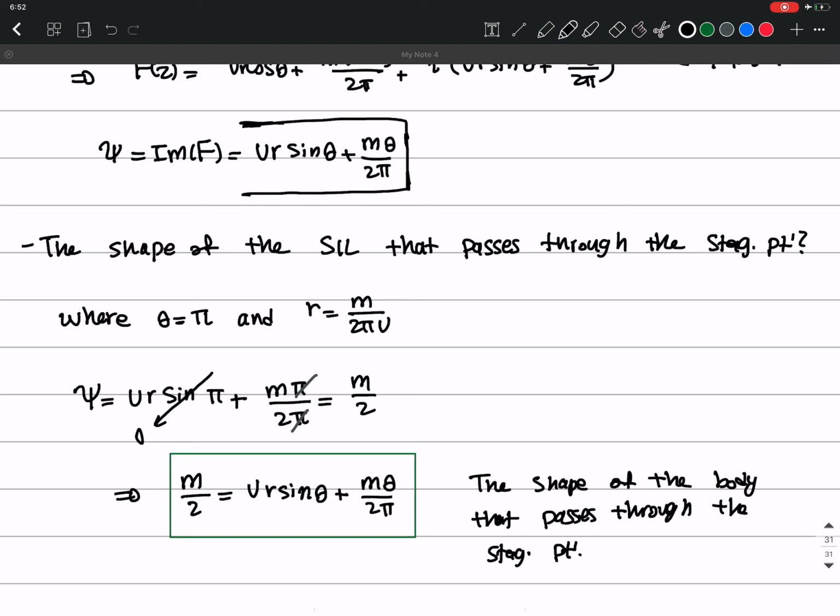So you can evaluate this at different thetas, and it's going to give you the r.